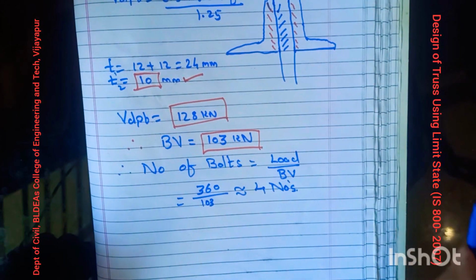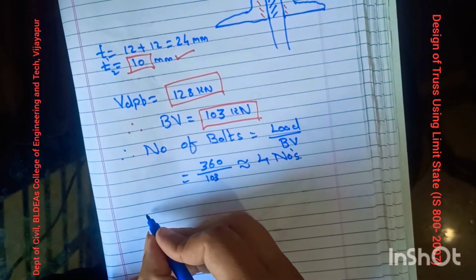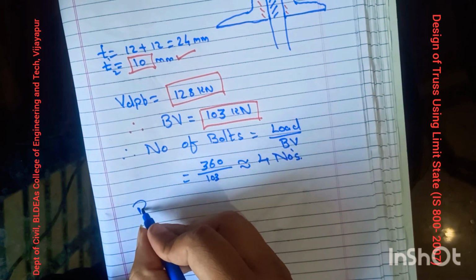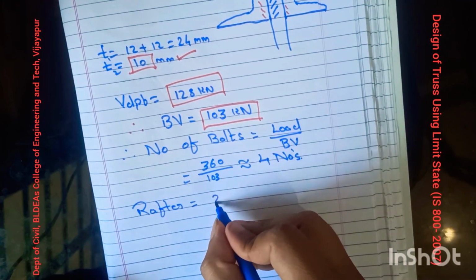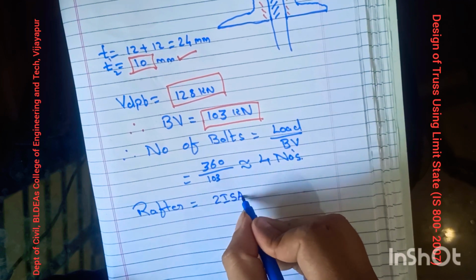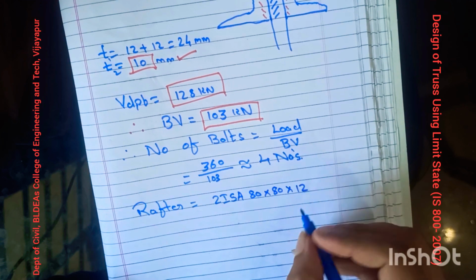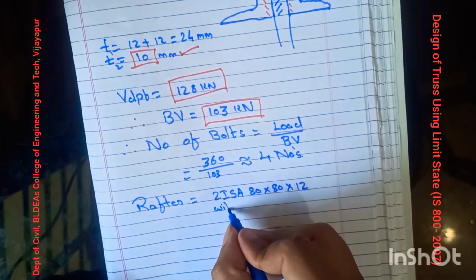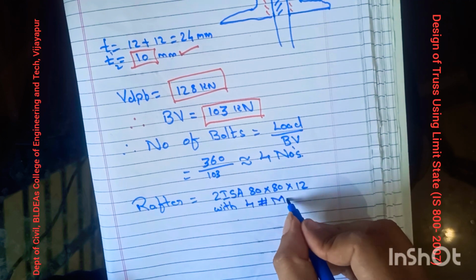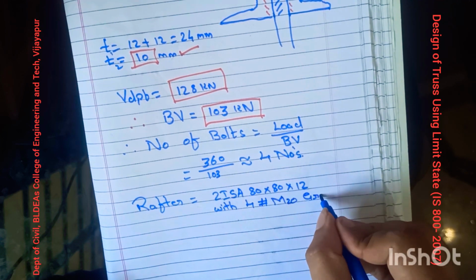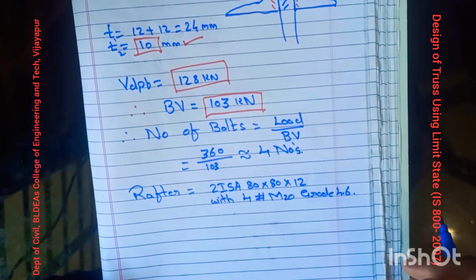Now for the rafter, we have decided to use 2 ISA 80-80-12 with 4 numbers of M20 grade 4.6 bolts.